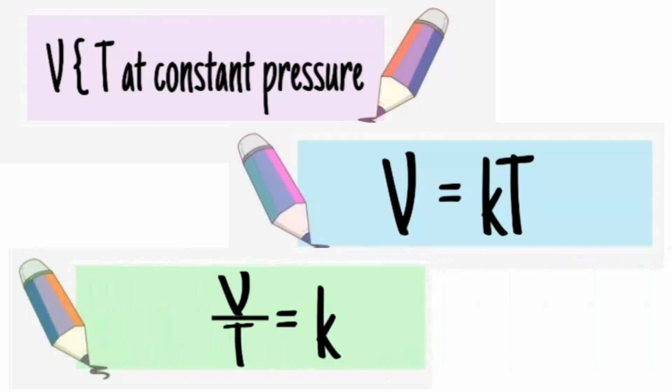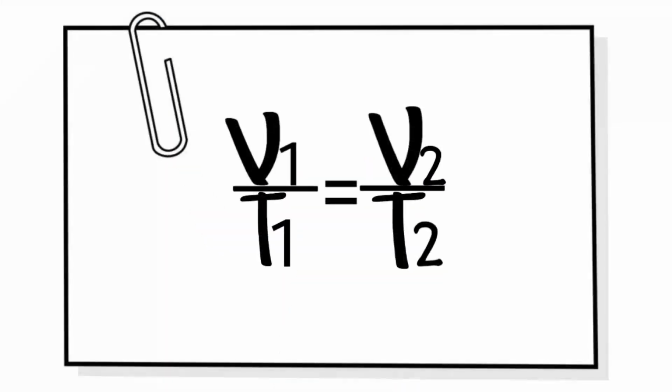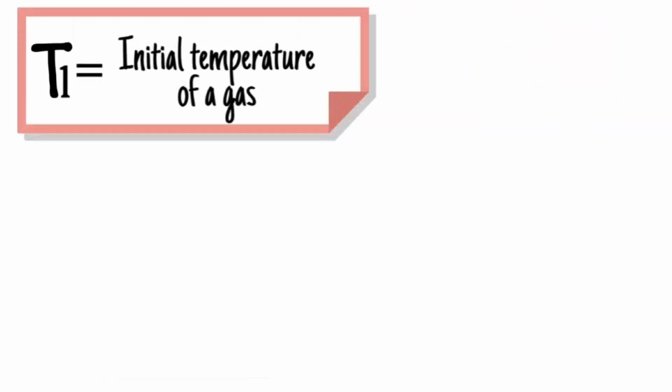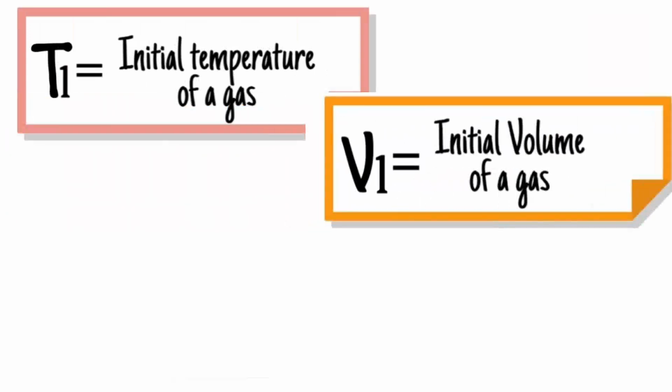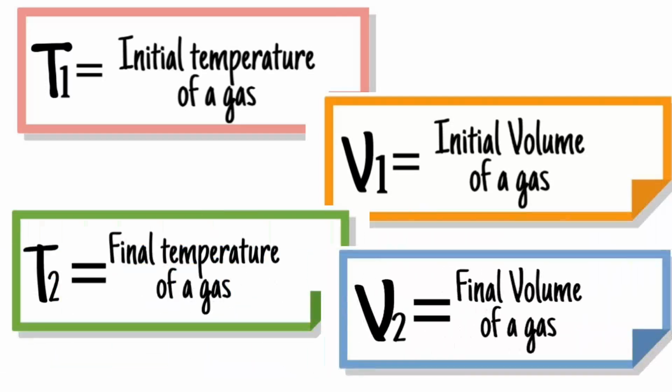If the same gas is brought to two different temperatures, it will give two different volumes. The equation will become V1 over T1 equals V2 over T2, where T1 equals initial temperature of a gas, V1 initial volume of the gas, T2 final temperature of the gas, and V2 final volume of the gas.